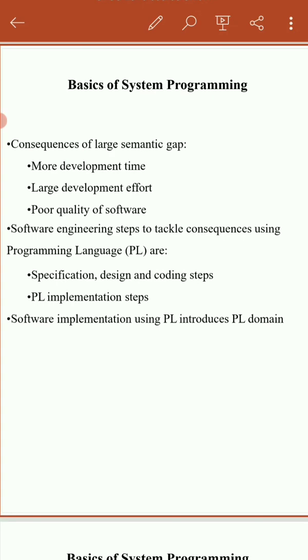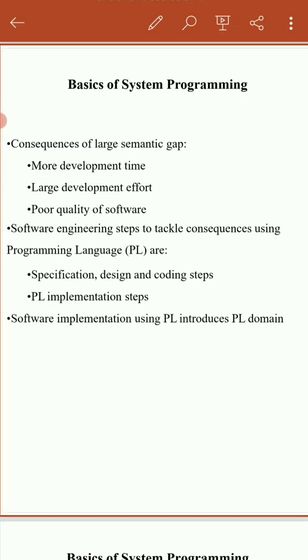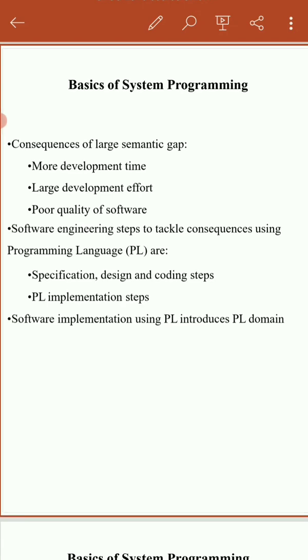So we have seen there is a semantic gap between the two domains, which implies the effort needed by the translator to convert the program we have written in the source language into machine code. If the semantic gap is less, then it is easy to write a translator.